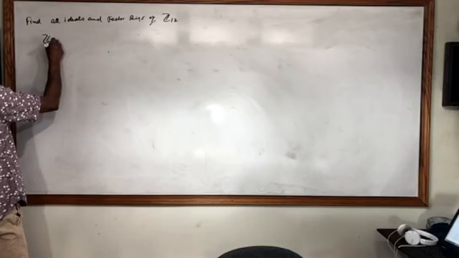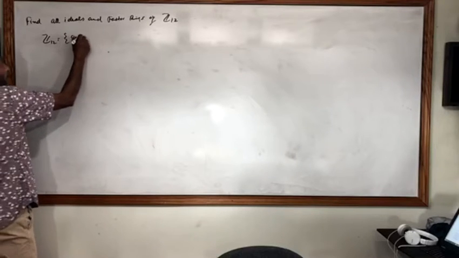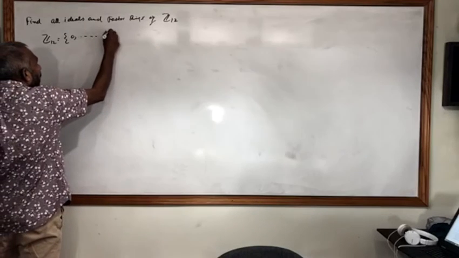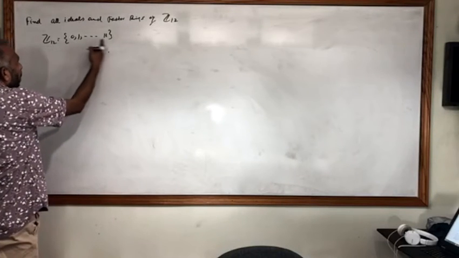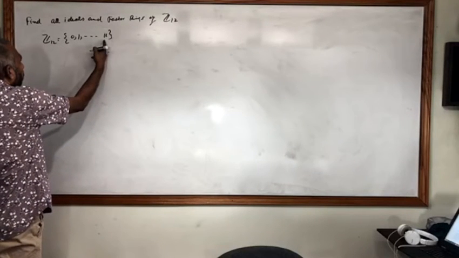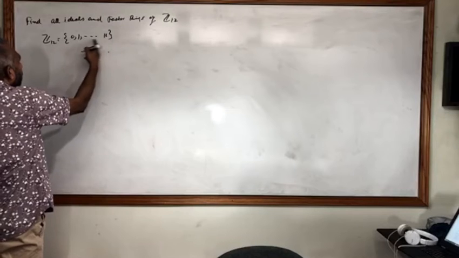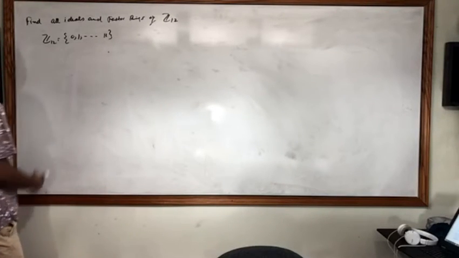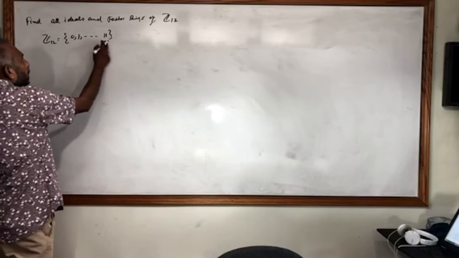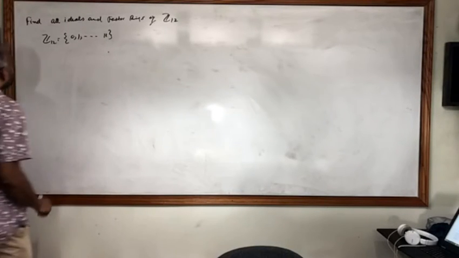Z12 is actually a ring, right, with addition as addition modulo 12, and multiplication is multiplication modulo 12.